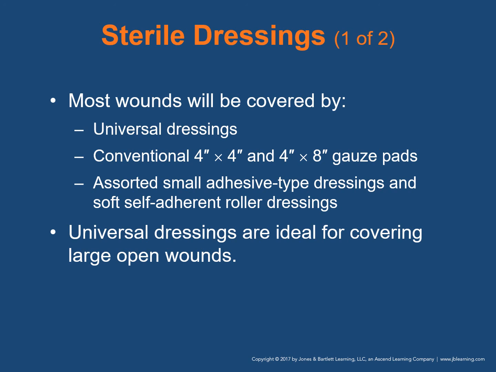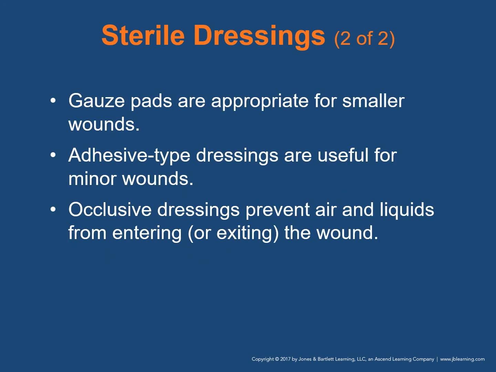For small wounds, you use small dressings. But the dressing goes immediately over the wound. Gauze pads are great for smaller wounds. Small wound, small dressing. Big wound, big dressing.